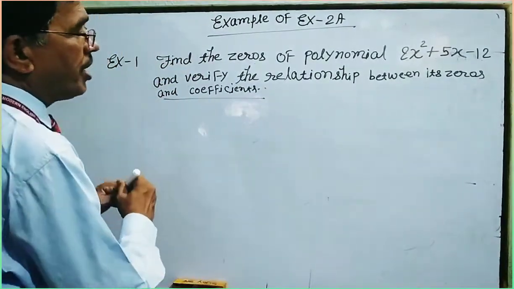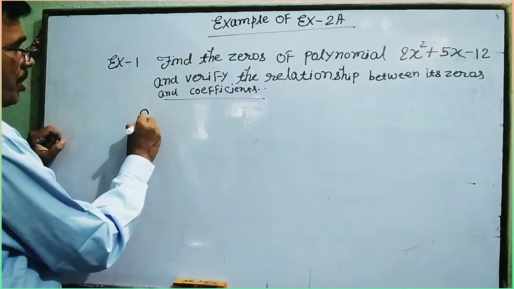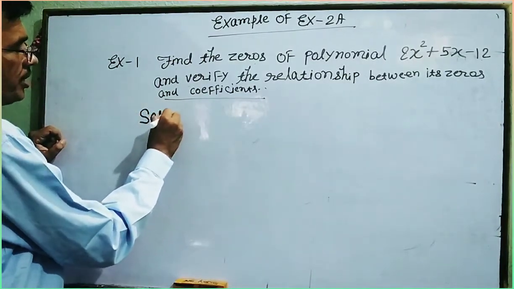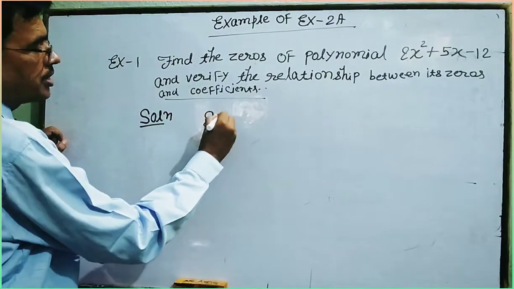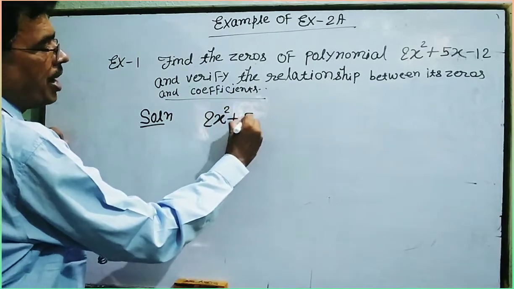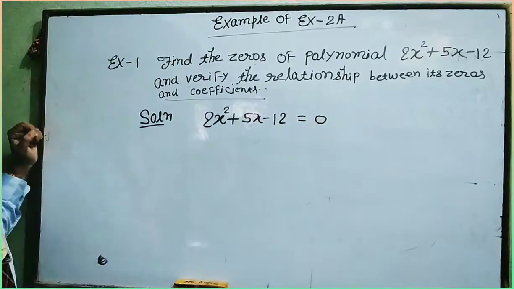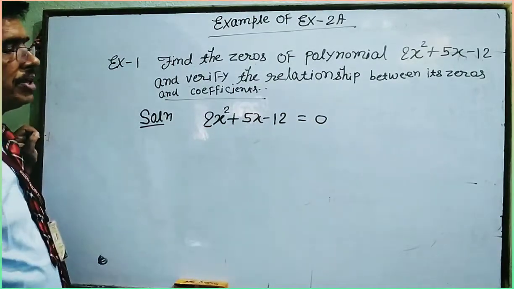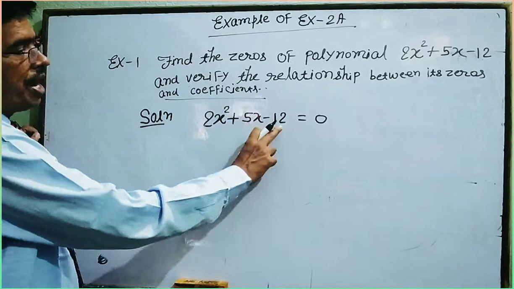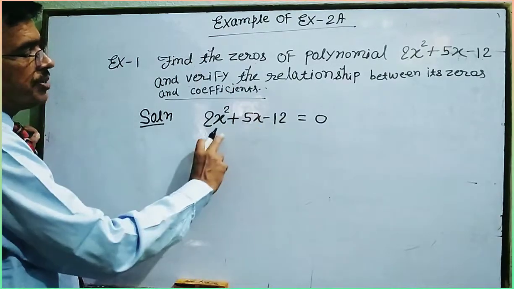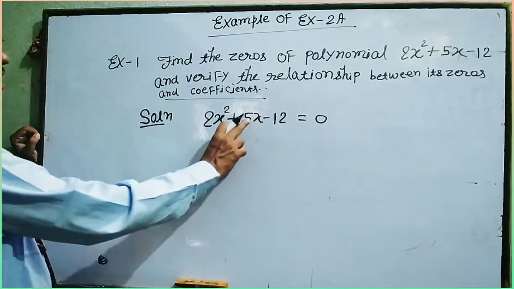So here in the solution, you write the first question: 2x square plus 5x minus 12 is equal to 0. This is the quadratic form and here is the middle term, and you have to solve this equation with the help of splitting the middle term.